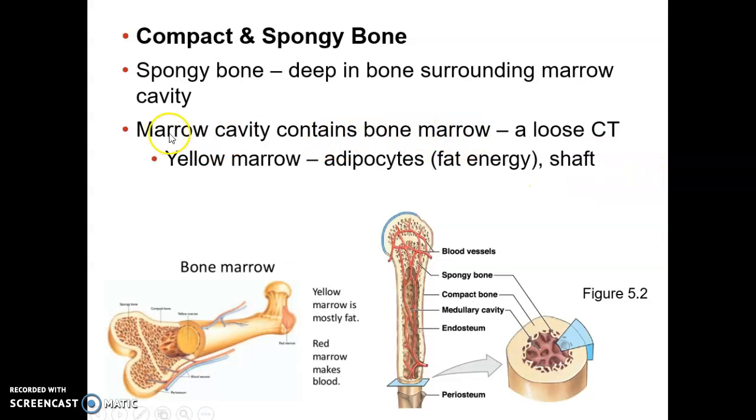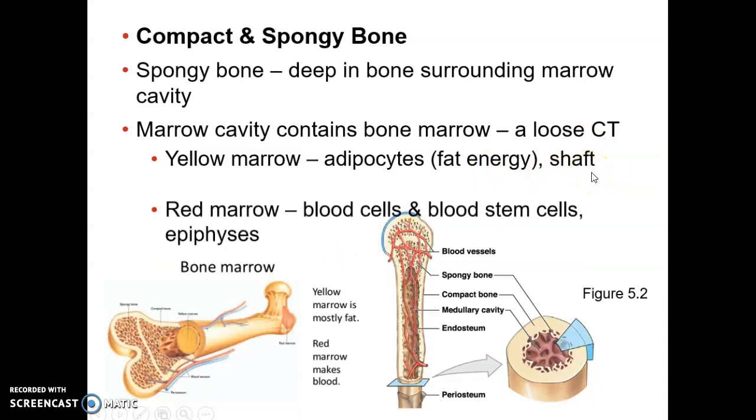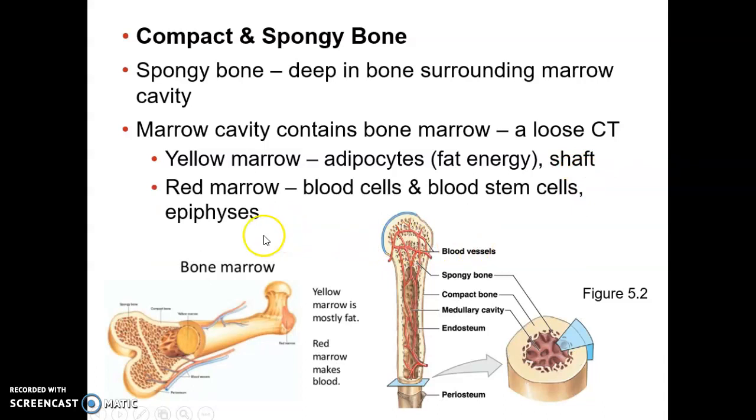And that yellow bone marrow cavity, it's a loose connective tissue with abundant adipose cells, adipocytes, fat energy stored in cells within the long portion of the bone referred to as the shaft. And then the red marrow, as we mentioned earlier, that is the region of spongy bone that's found in the elongated ends of the bones, the epiphyses.